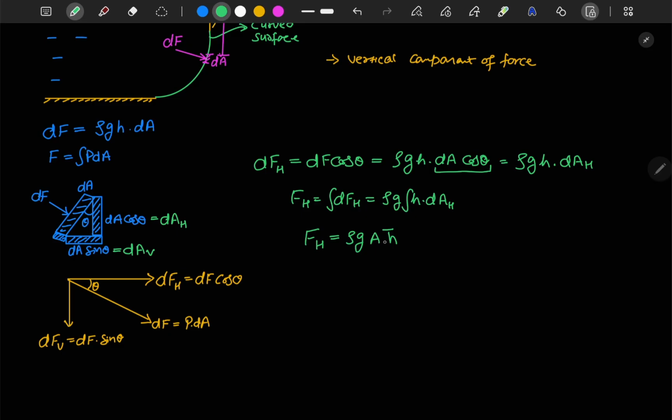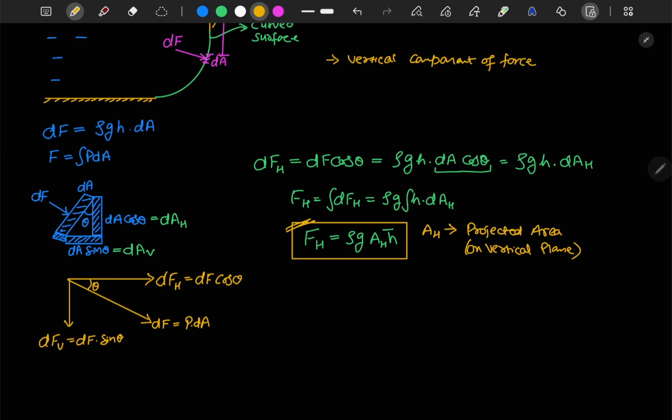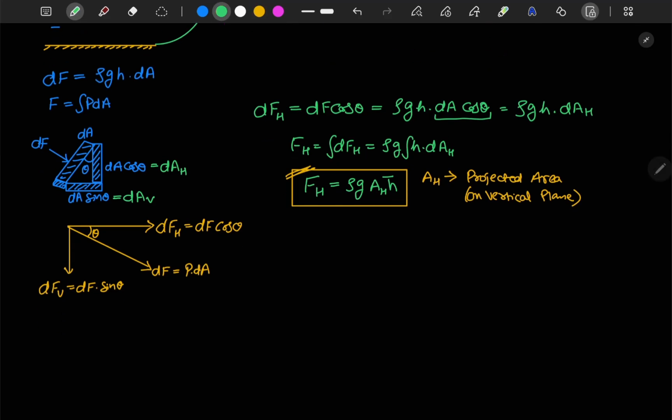This is your horizontal component of the force, where Ah is your projected area, and this projected area is on the vertical plane.